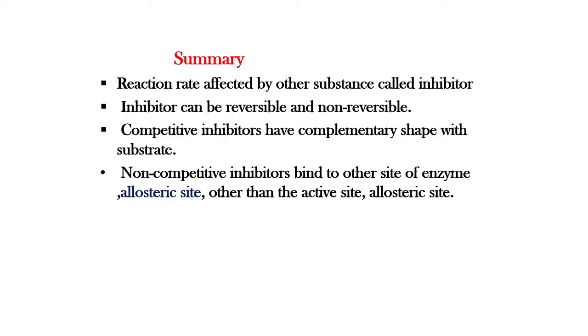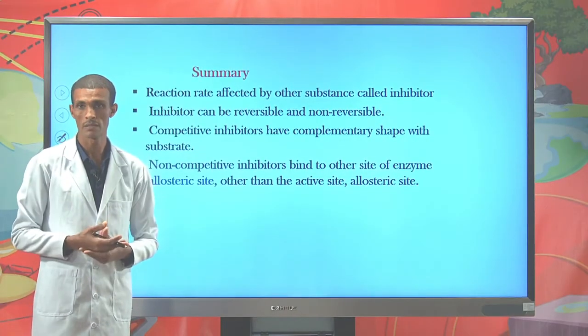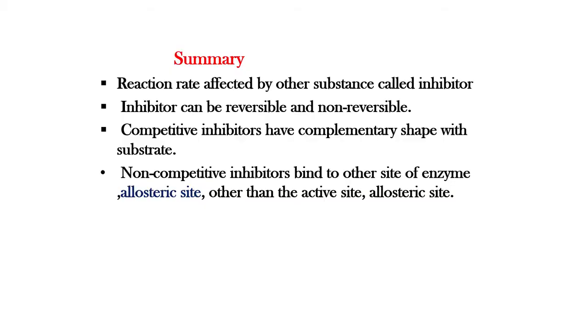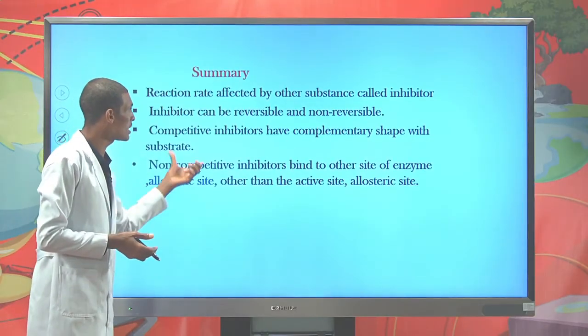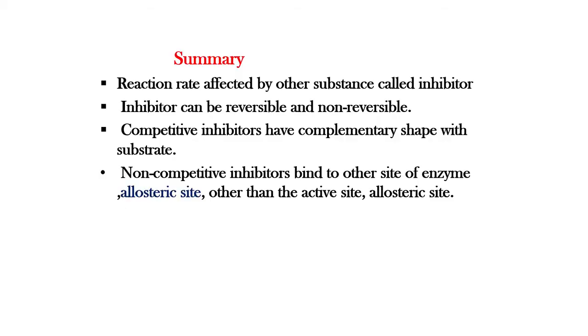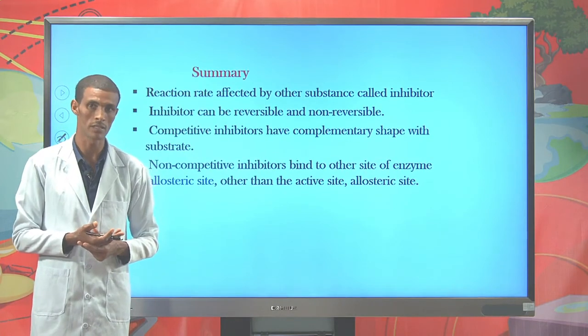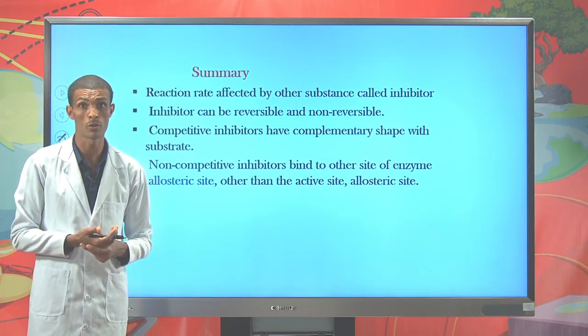And again, an inhibitor can be non-reversible, or irreversible. They can affect enzyme activity permanently, which can affect the rest more. And again, we have seen that the non-competitive reversible inhibitor is very important in regulation of so many metabolic activities of the cell. This is all about the lesson that I have for you for today.